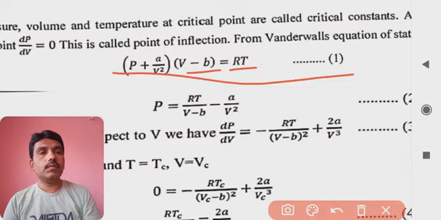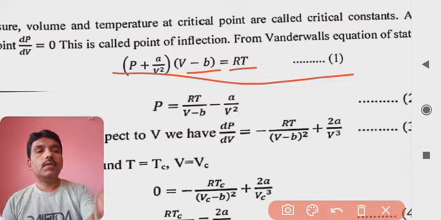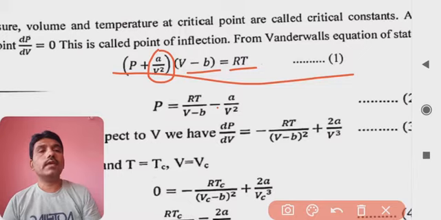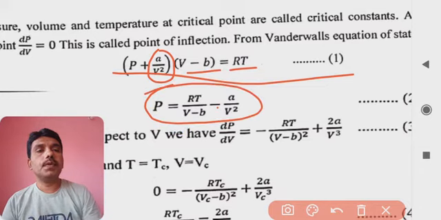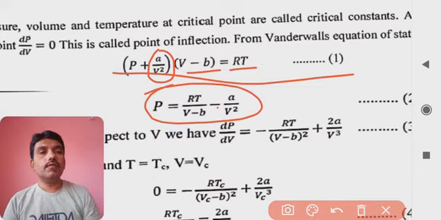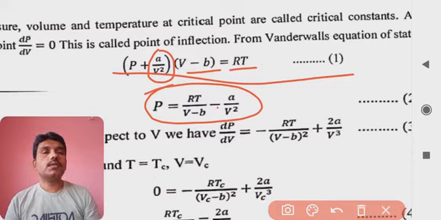Again, a by V square, if it goes to the right hand side, becomes minus a by V square. So I can write the relationship P is equal to RT by V minus b, minus a by V square.